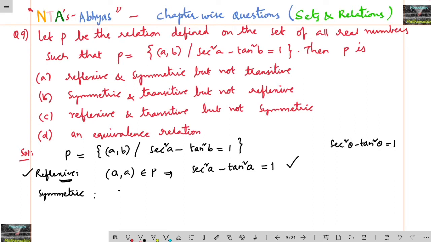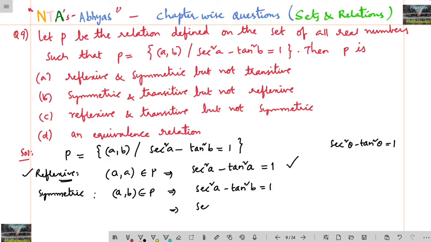Symmetric. A is related to B, that is A comma B belongs to P. A comma B belongs to P, which implies secant square A minus tan square B is equal to 1.